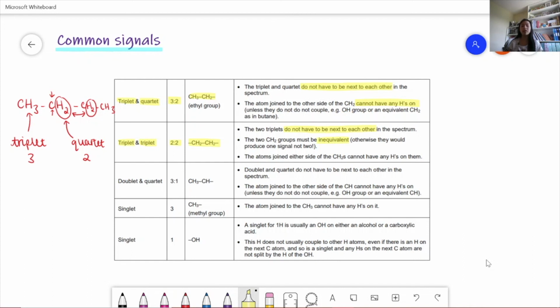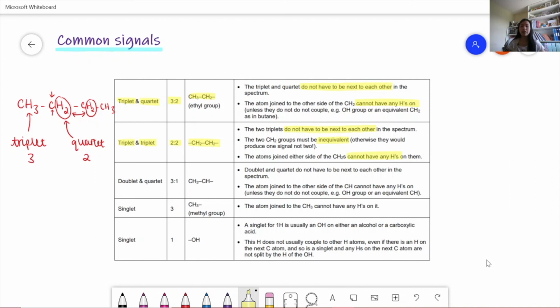This is because if they were the same, so if they had equal things on the other side, then we would have one signal for all four of these hydrogens instead of one signal for two of them and another signal for the other two. And the other rule is also that the atoms joined either side of the CH2s can't have any hydrogens on them.